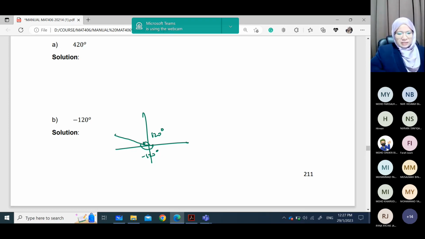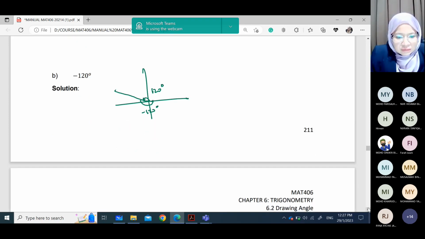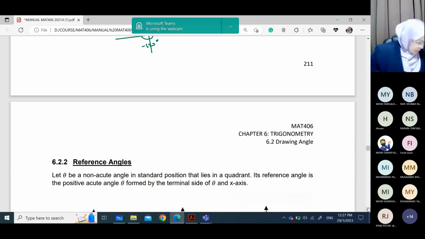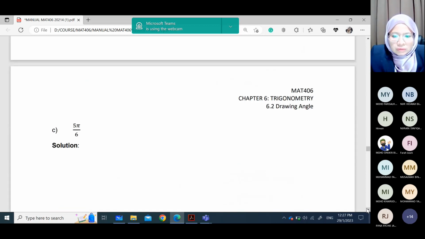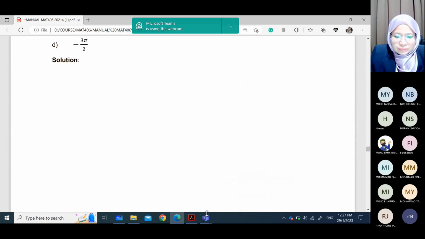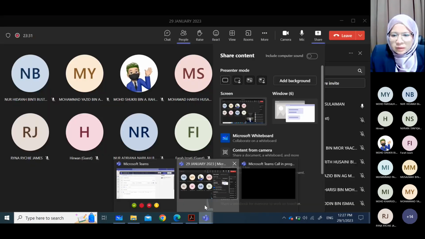Position dia. Okay, so ini ada degrees. Ada soalan tak setakat ni? Okay, so itu basic-basic bagi sudut.